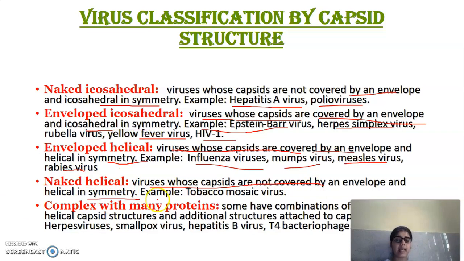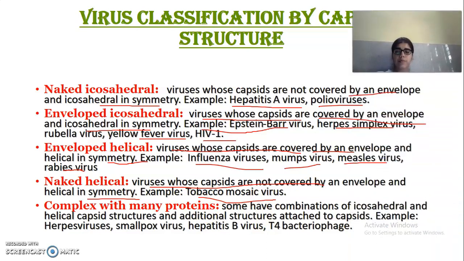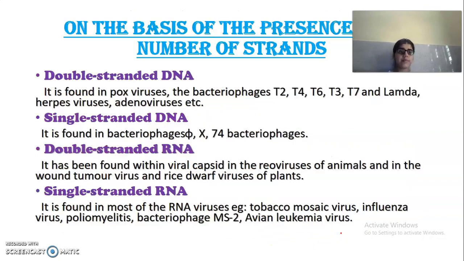An example is tobacco mosaic virus. Complex viruses with many proteins have some combination of icosahedral and helical capsid structures and additional structures attached to the capsid. Examples are herpes virus, smallpox virus, hepatitis B virus, and T4 bacteriophage.